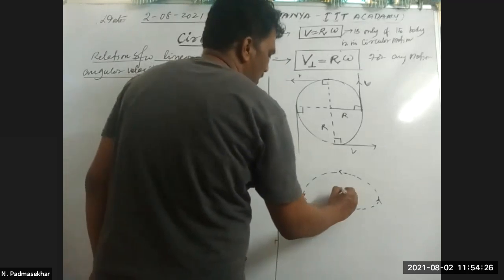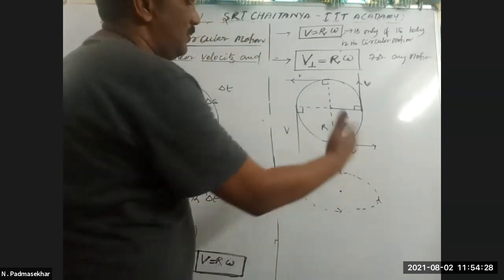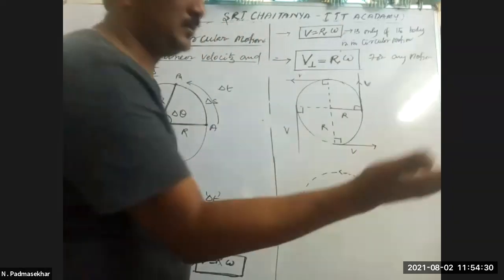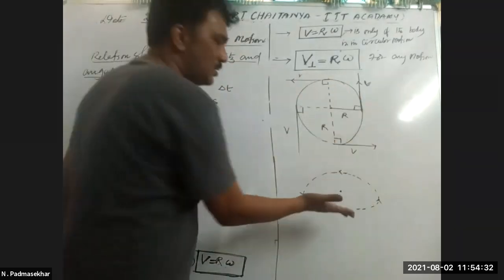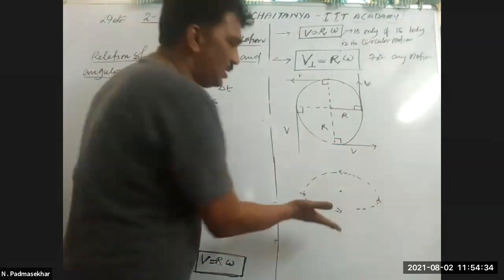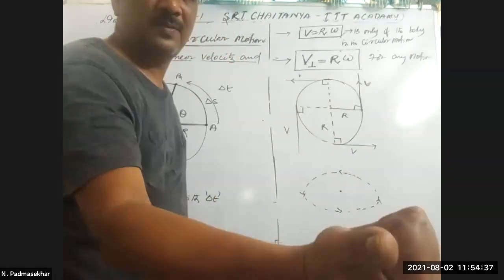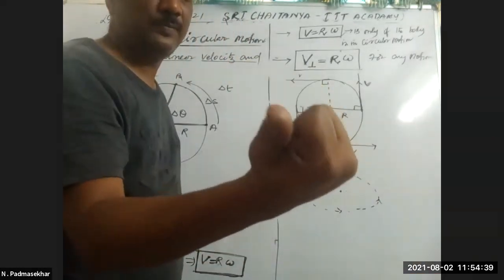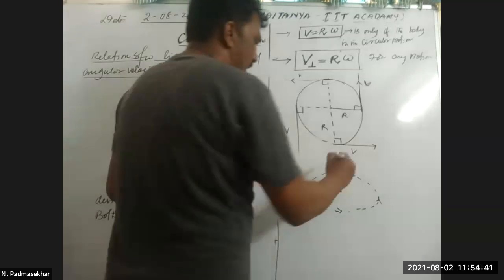What is the direction of angular velocity? Like this. This is the direction of angular velocity, out, which means up.